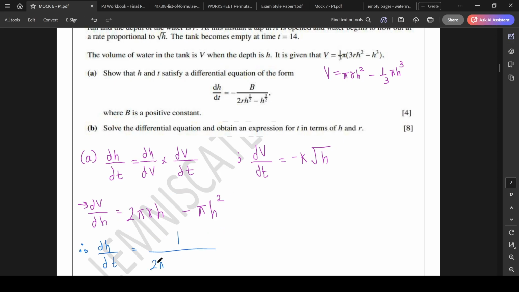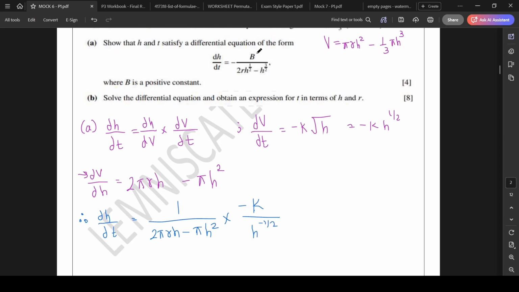So 1 over 2 pi r h minus pi h squared, and multiply by dV/dt. So dV/dt is minus k times square root of h. There is nothing in terms of h in the numerator, so I can transfer this directly into the denominator. This is the same as writing minus k h to the power of half. If I shift it downwards, it will become h to the power of minus half.